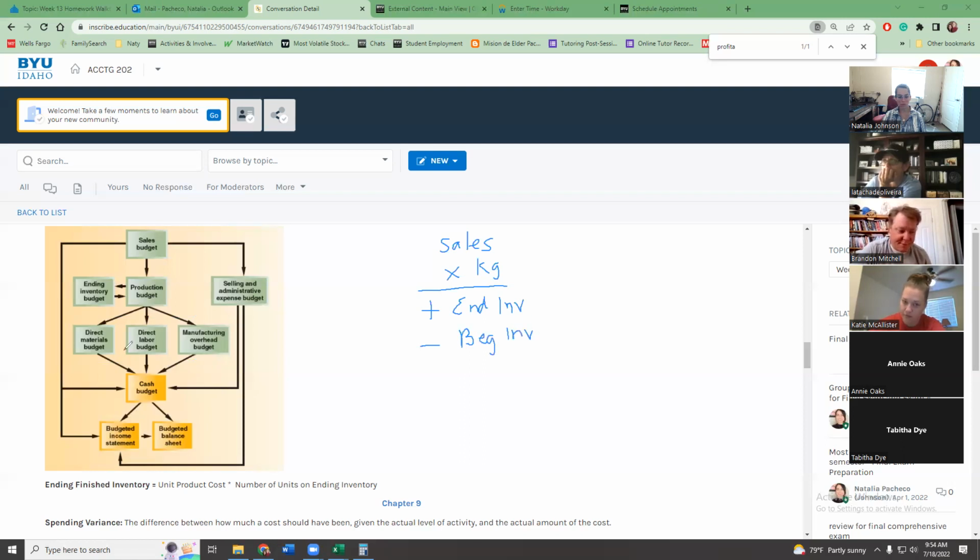And it's always the same for all the budgets: you add the ending and then you subtract the beginning. And then at the end, if you need it, you can multiply times the price to see how much it's gonna cost to buy those direct materials.